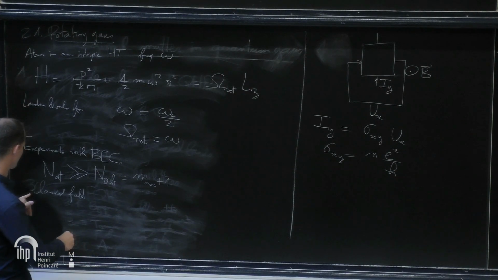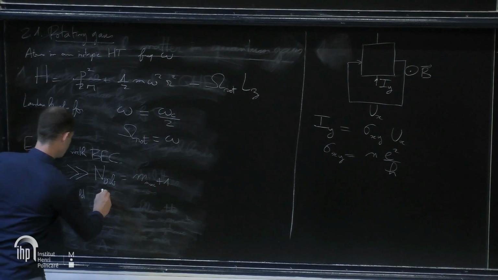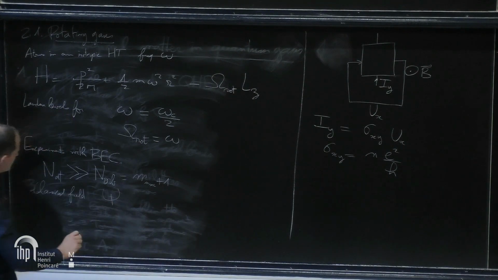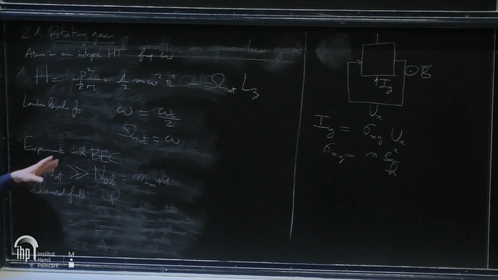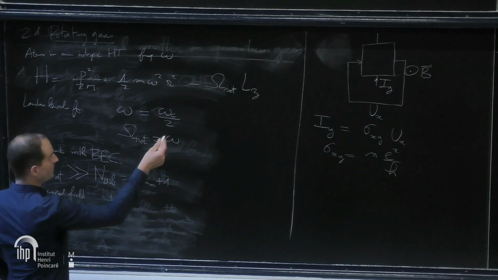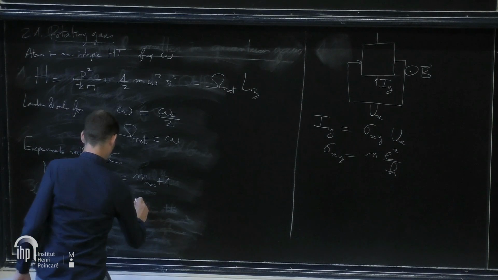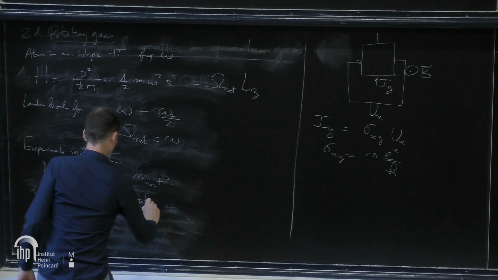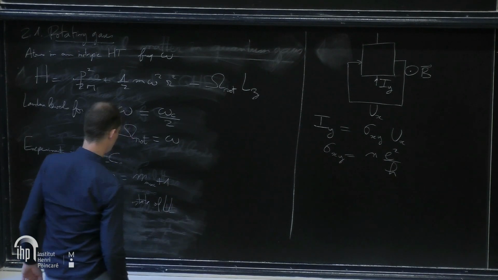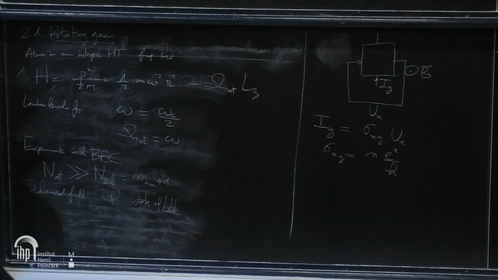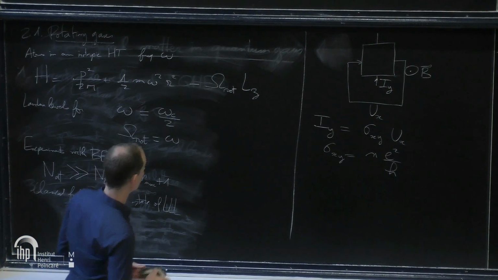Okay, so we can describe the system by a classical field, psi, which is somehow the macroscopic wave function that all the atoms occupy. And this state, I will write it simply as a state of the lowest Landau level, for simplicity. And so, as I said, it is determined by the position of vortices.